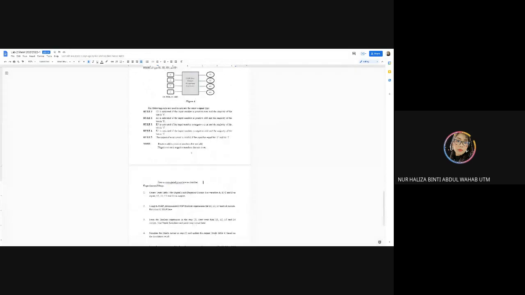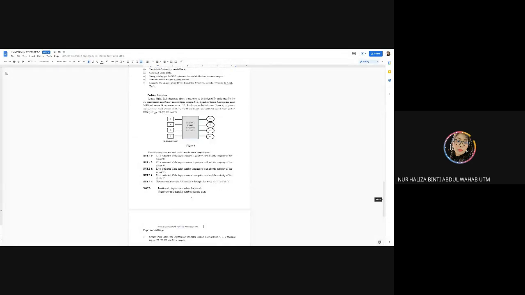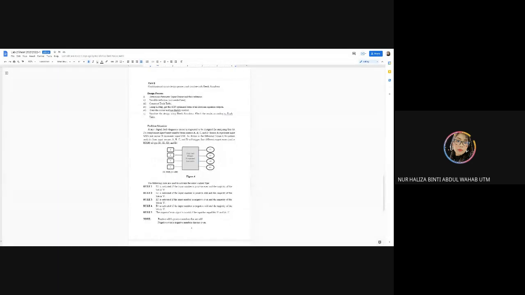So please make sure, I think there is an experimental setup also. If you didn't do this, maybe another member can also do it alone, because for your part B in test 2, normally it's going to be problem-statement based. So it's much tougher because you're not given a figure like this.